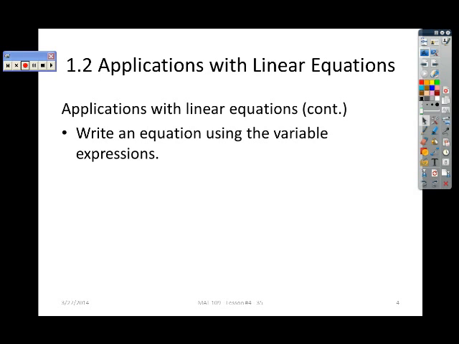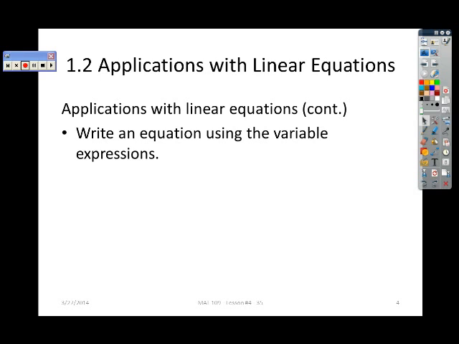If you're using a geometry problem, you may need the formulas for geometry. That may be one of the things you have to use. Like we looked at a problem with perimeter yesterday. You need to know how to do a perimeter, or where to find the formula for the area, that sort of thing. You might need that formula in order to solve the problem.